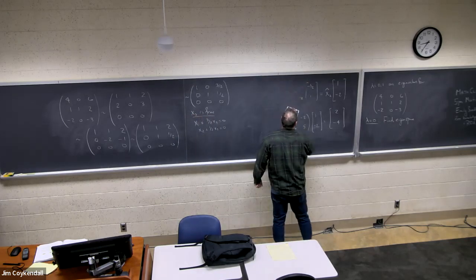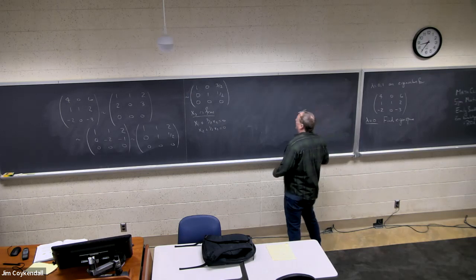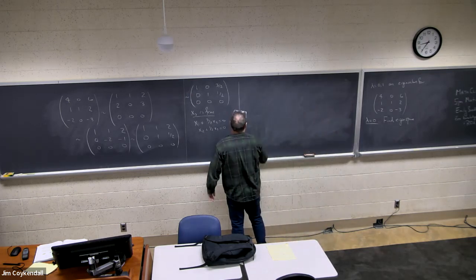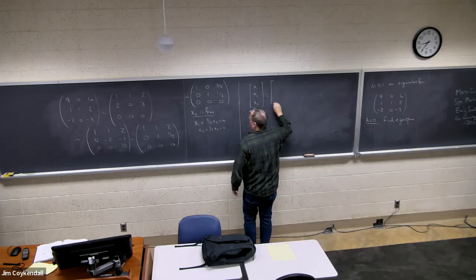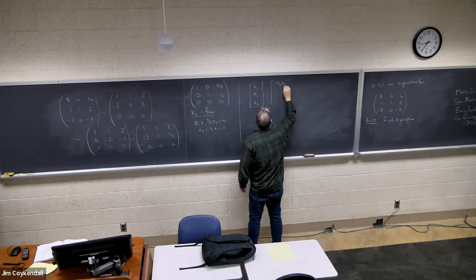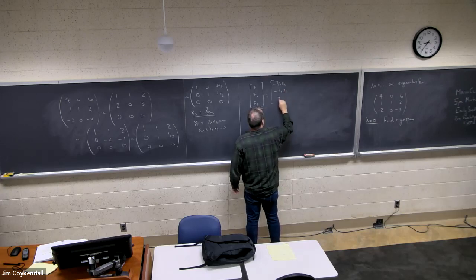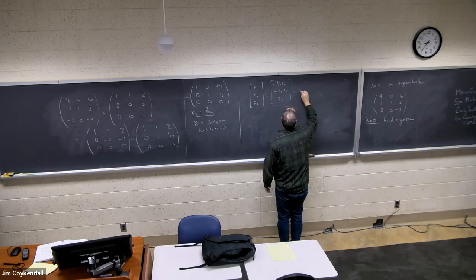So a typical element of my eigenspace looks like x1, x2, x3, which is minus 3 halves, minus 1 half, and 1, times x3.